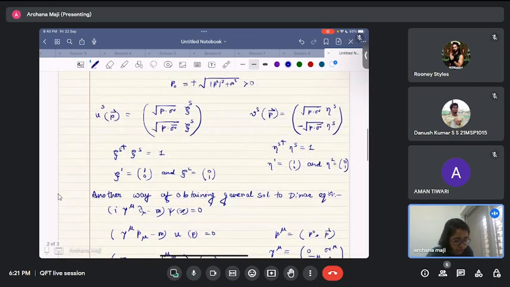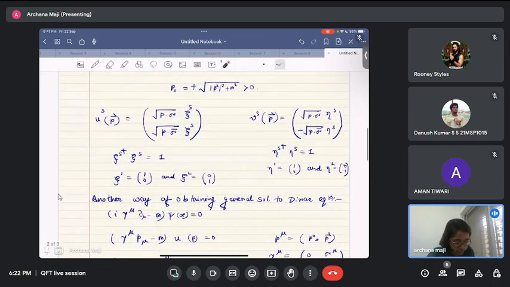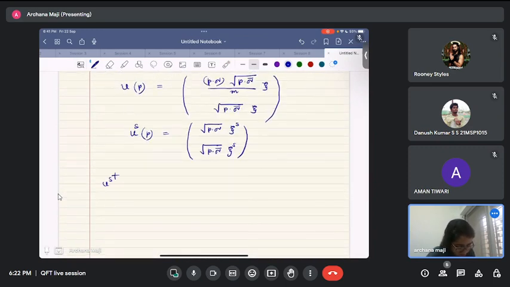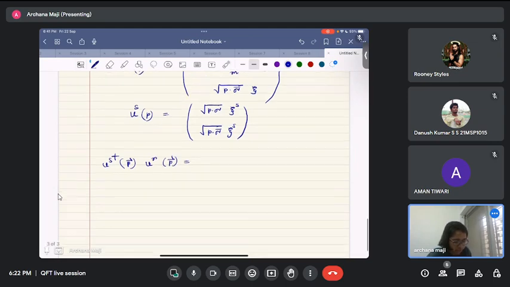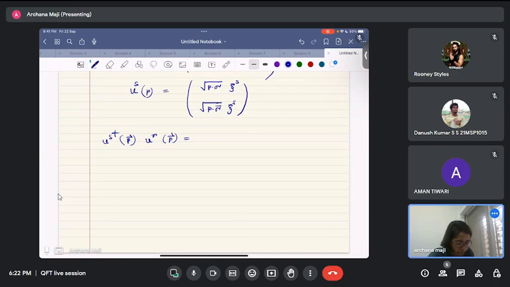Now let us elaborate the normalization conditions of these spinors. So u^s dagger(p) u^r(p), this we saw last time, is I think twice E_p times delta^rs.